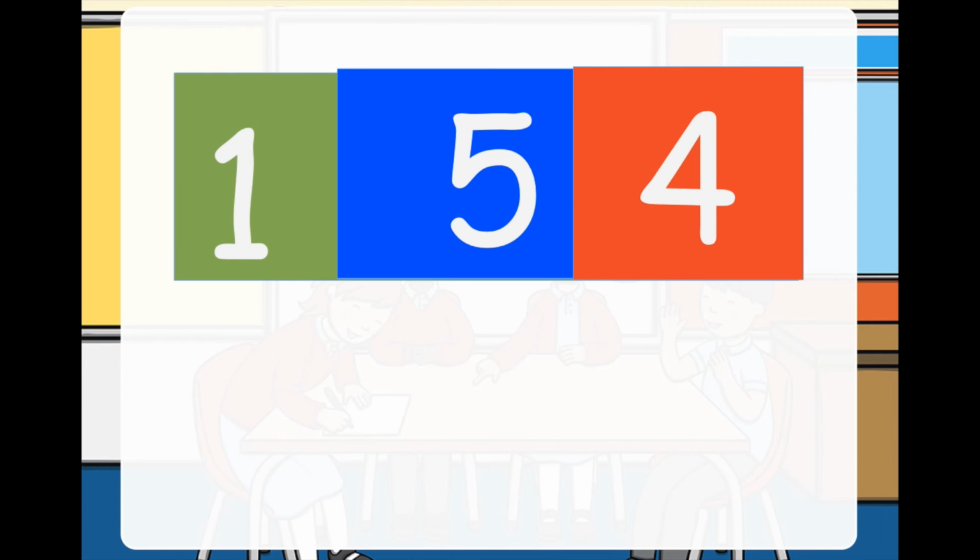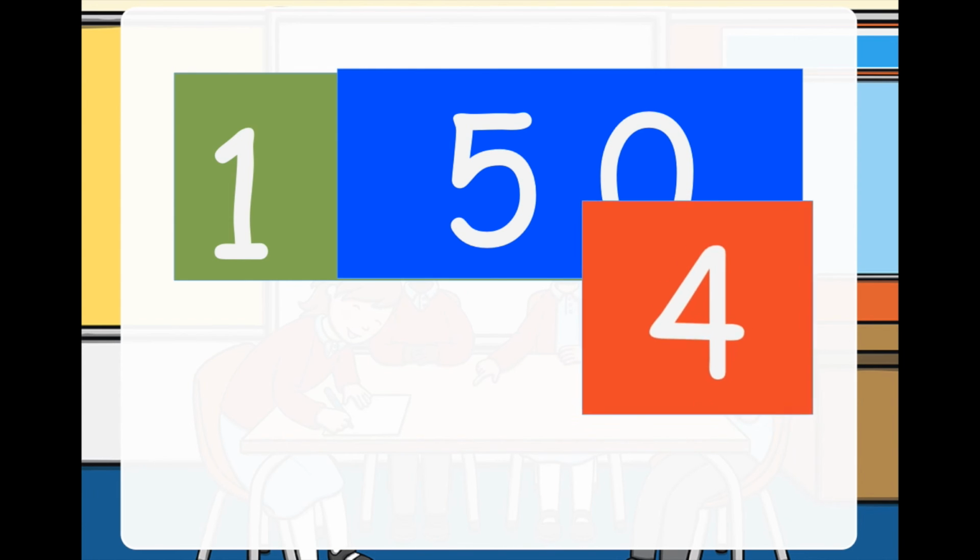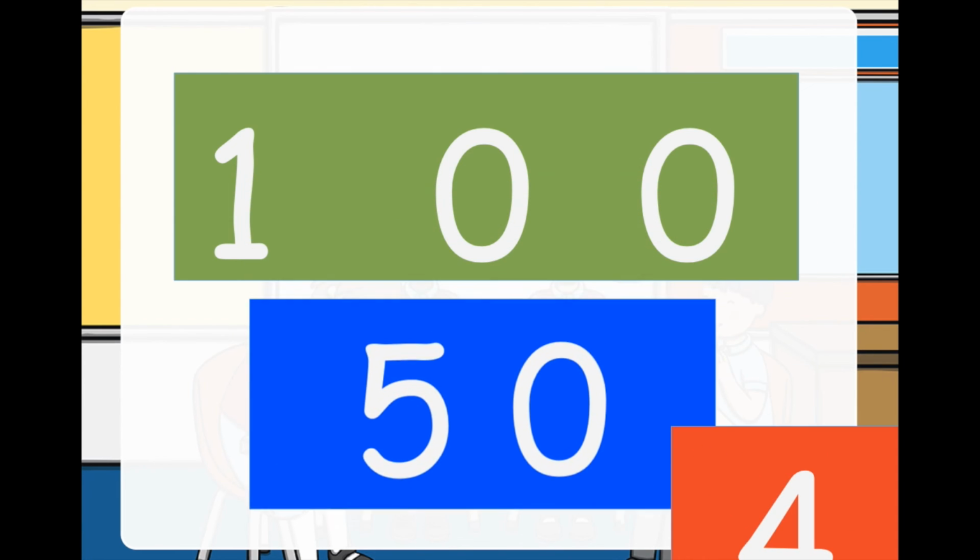Pause the video and see if you can. There are 4 ones, 5 groups of 10 and 100. If you were writing that as an equation, it would be 4 add 50 add 100 equals 154.